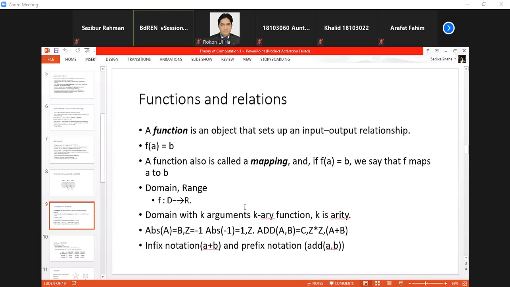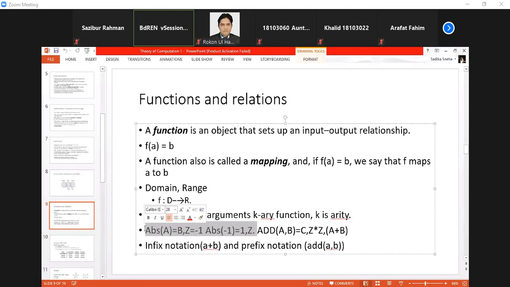An example of unary function is given here. The function says absolute value of a, and the input is all real numbers. In the absolute function, we are taking input all real numbers or all integers, which range from minus infinity to plus infinity.